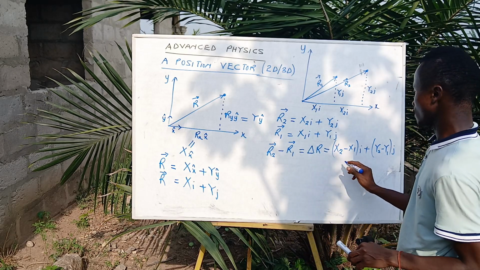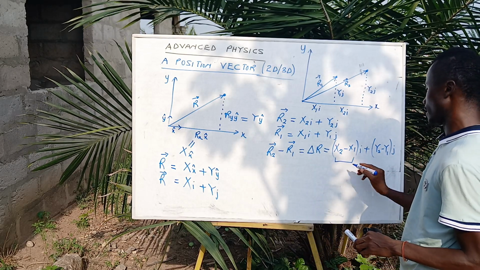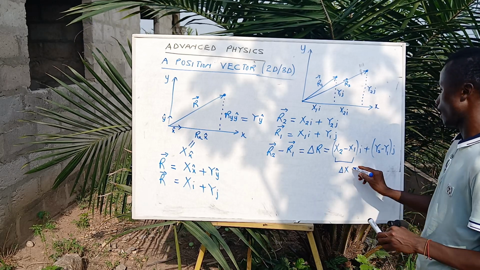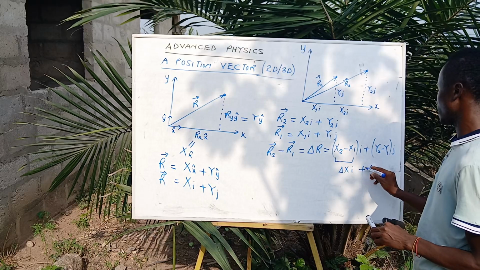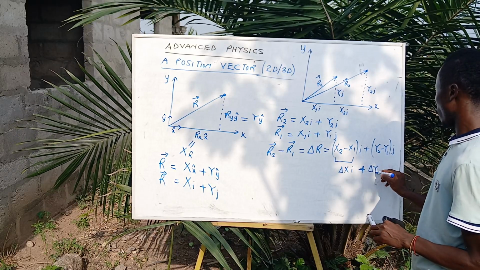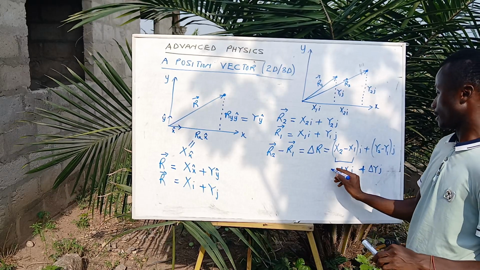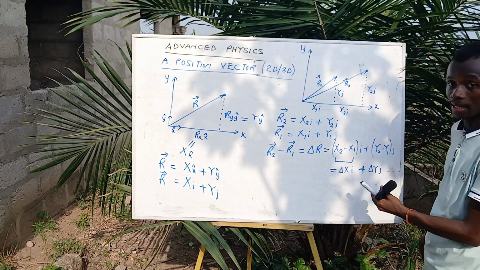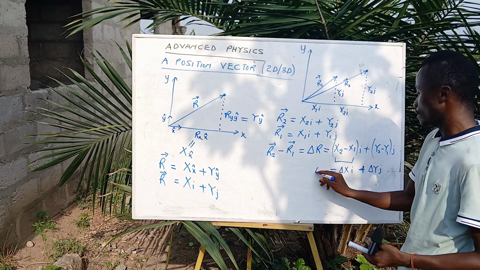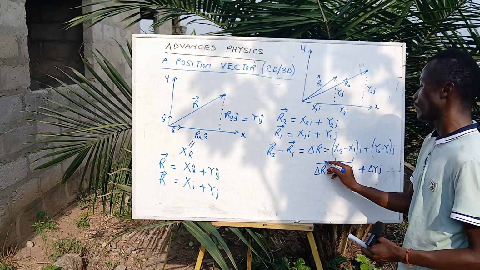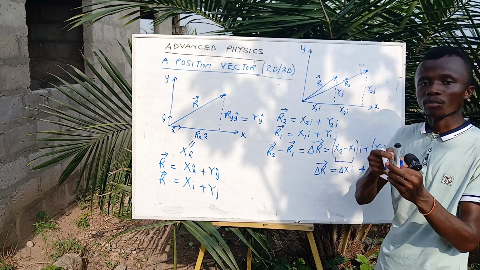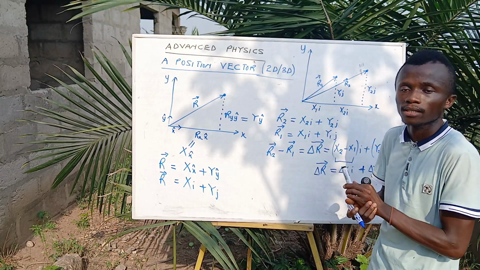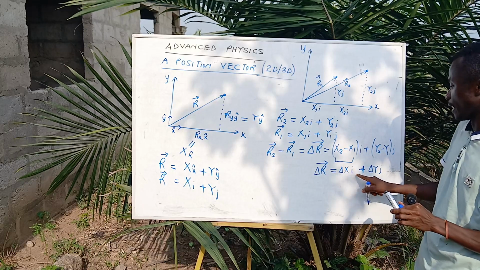So it turns out that this x2 minus x1 is a change of the position in the x direction, i, plus the change in position in the y direction, j. And you realize this is a vector because of the unit vectors over here. So delta r is also a vector. So the change in position of an object in a 2D plane is also a vector. So delta r is equal to delta x i plus delta y j.